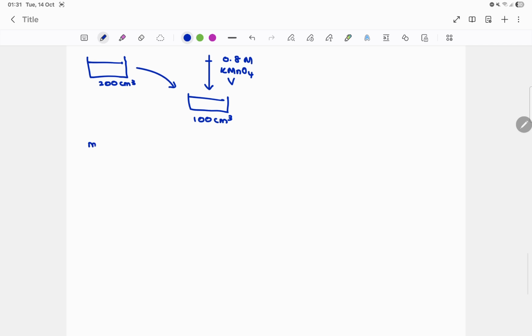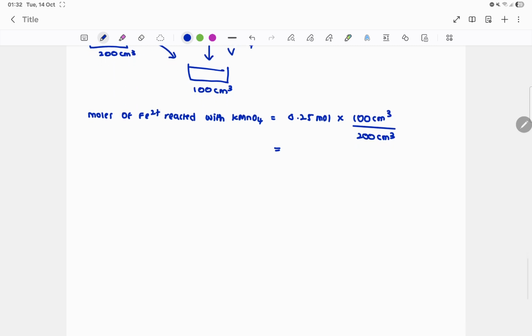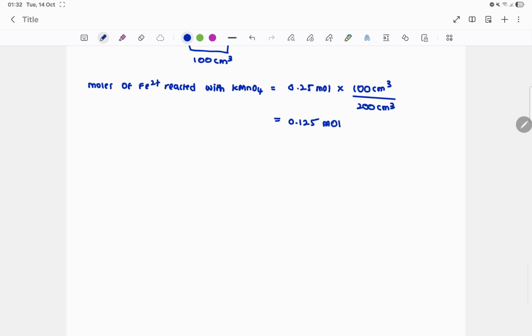From the 200 cm3, the moles of Fe2+ reacted with KMnO4 will be 0.25 moles into 100 cm3 over 200 cm3. That means half of the 0.25 only, half of 0.25 is 0.125 moles.